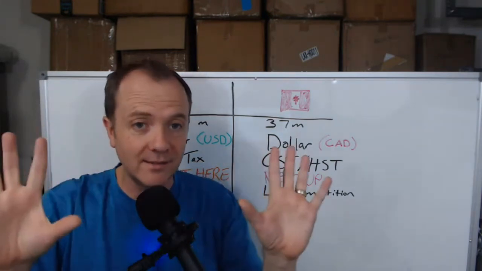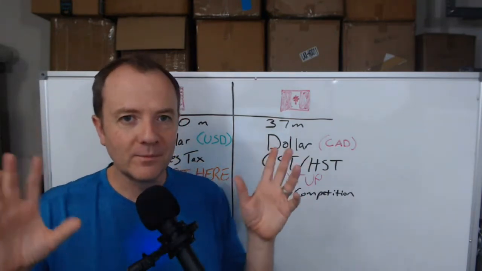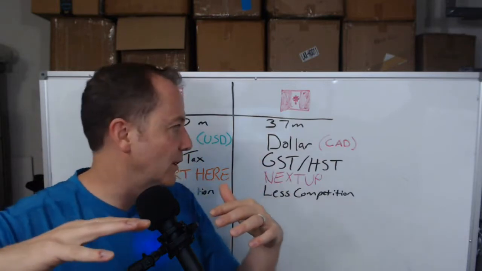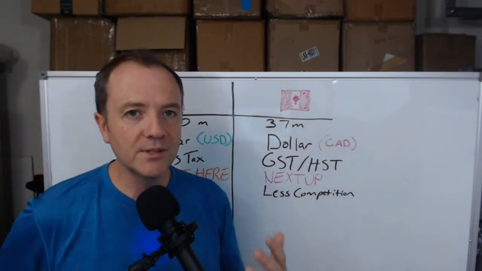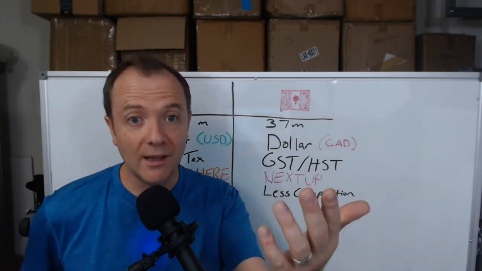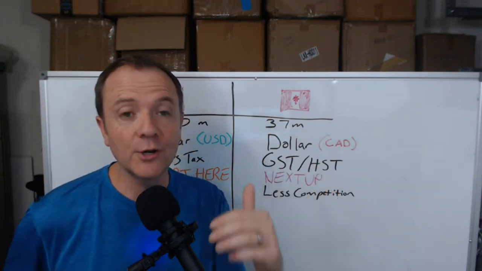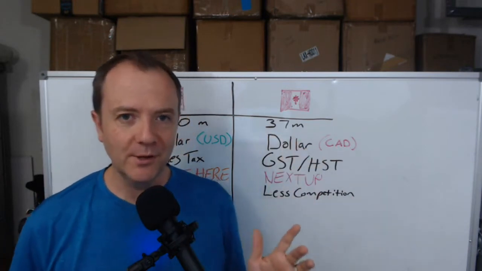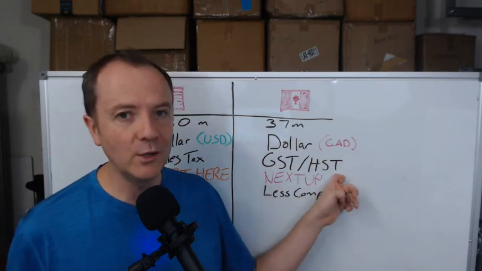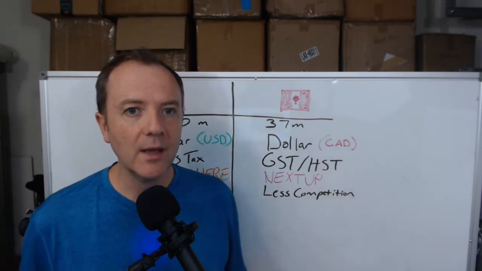So in essence, in a roundabout sense, if you're registered for GST and HST and Amazon's collecting for you, it's almost as if your customer is paying you back for those charges that you were going to have anyway. So point being, in my personal opinion, I don't see any reason why you wouldn't want to register.